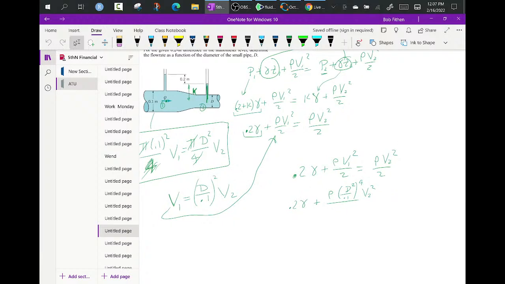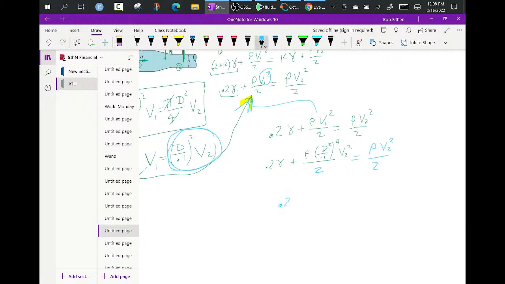Okay, so what I did is I inserted this in here and took this over here, because apparently I did not. Okay, so there's your V1. Replacing the V1 here with the V1 here gives me this, and then rho V2 squared over 2.